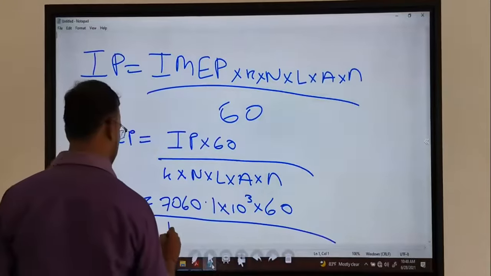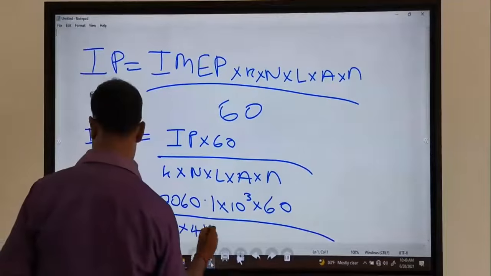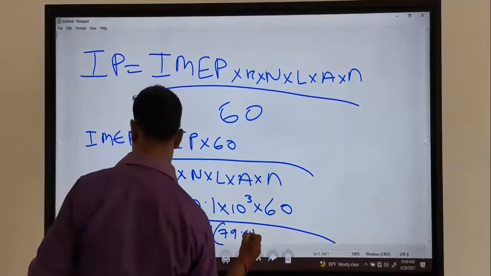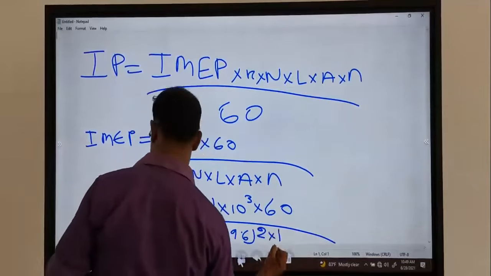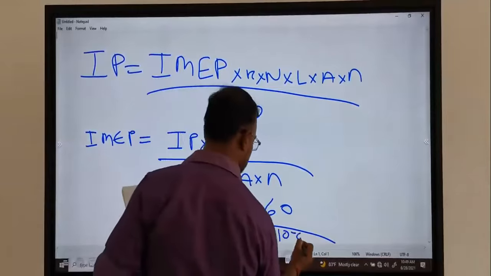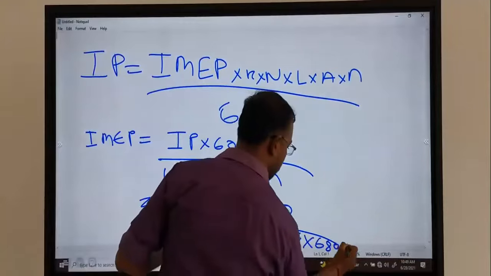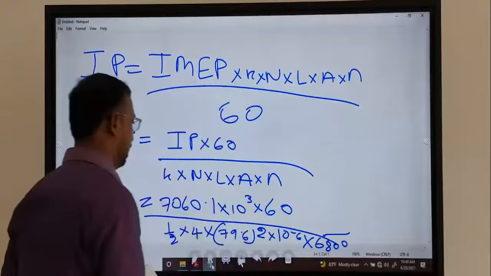Here half for K, 4 cylinders, 79.6 into square, 10 to the power minus 6 into RPM 6800, 4N.